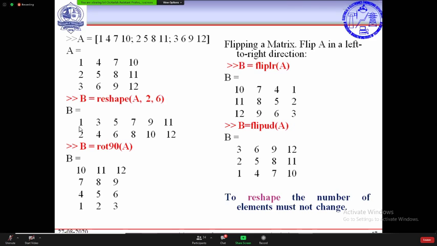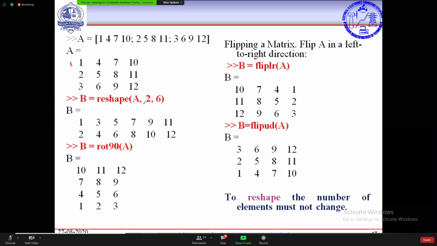Now what you are going to have: 1 2 3 4 5 6 7 8 9 10 11 12. The addresses will be the same. The values and addresses are going to be the same.